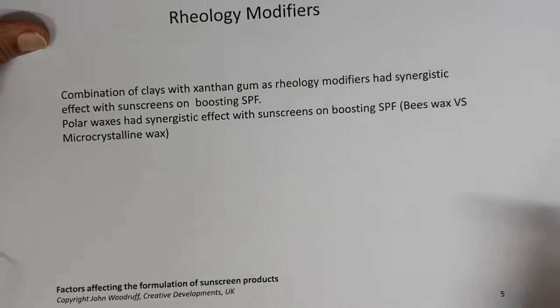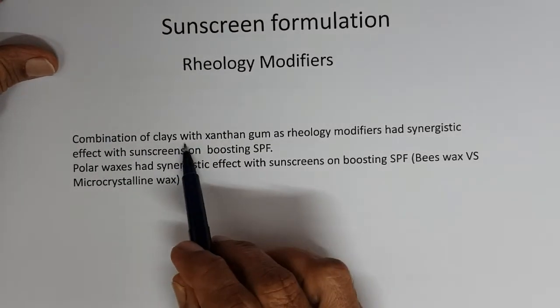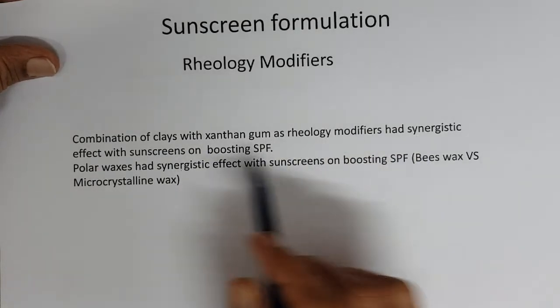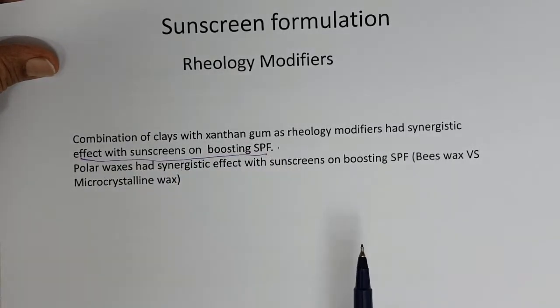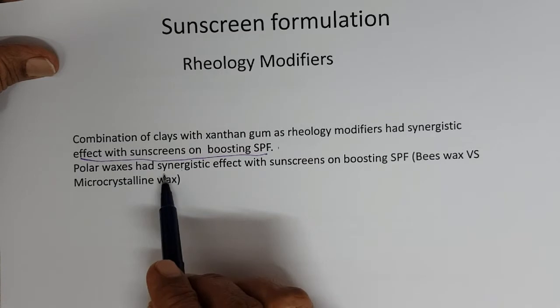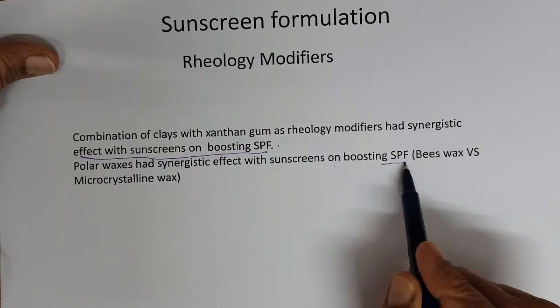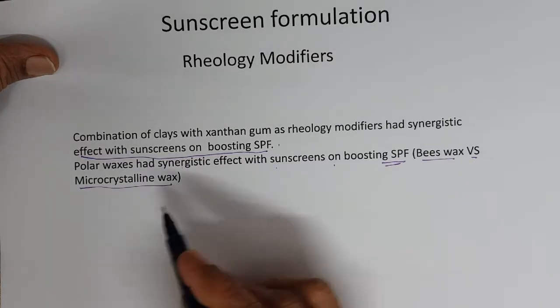So rheology modifiers. Combination of clays with xanthan gum as rheology modifier had synergistic effect with sunscreens for boosting SPF. Polar waxes had synergistic effect with sunscreens on boosting SPF. Beeswax versus microcrystalline wax.